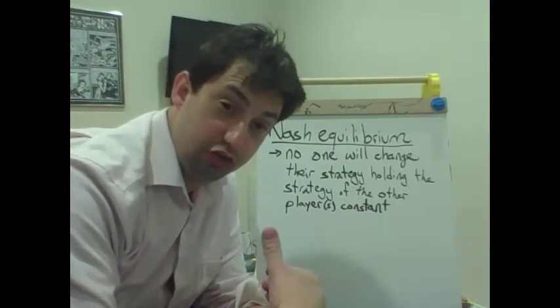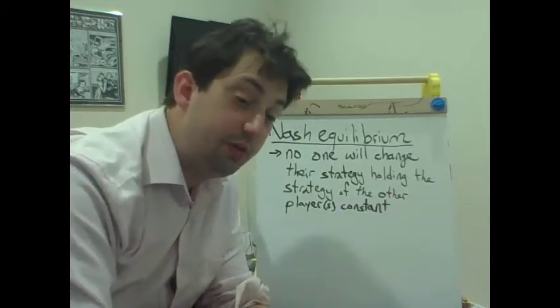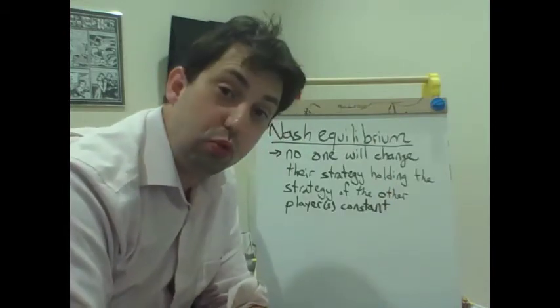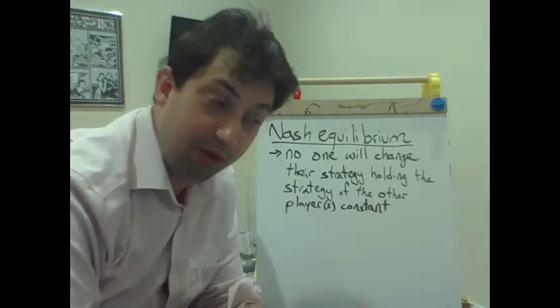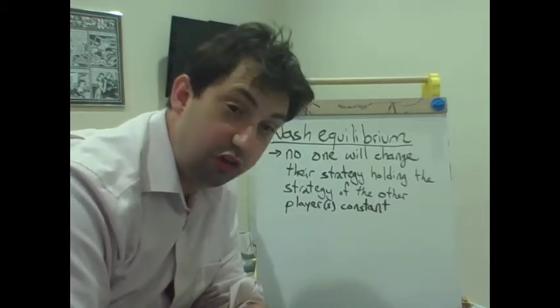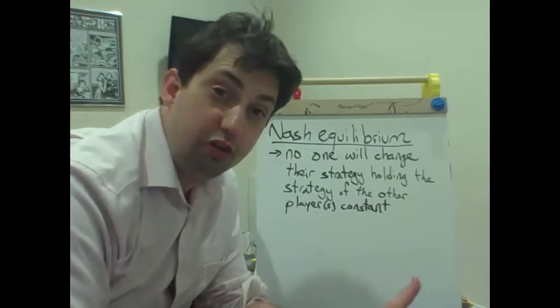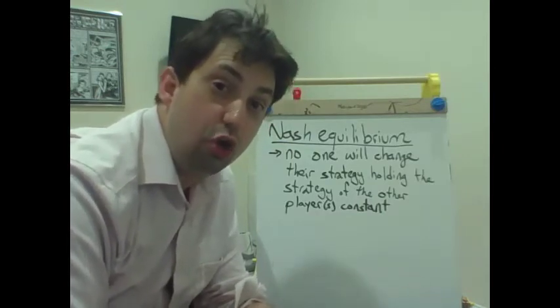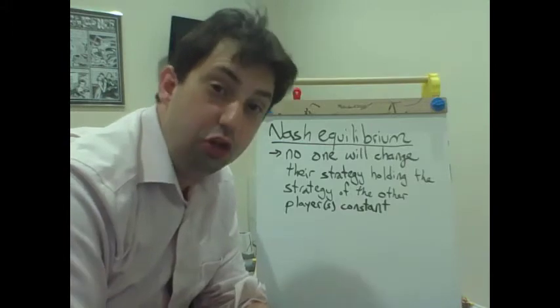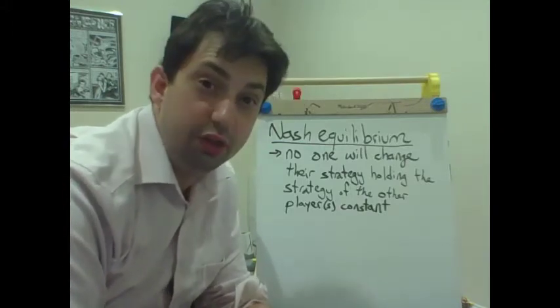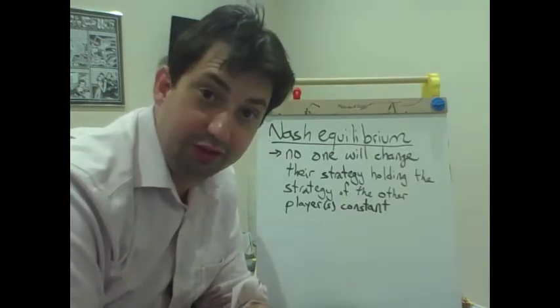You are not going to change seats. The seat that you sit down in is the equilibrium, right? It represents that equilibrium. When everyone is sat down, no one's changing any seats, that's Nash equilibrium. No one is changing their strategy, holding the strategy of the players constant. No one is changing their seat, holding the seat of everyone else constant.